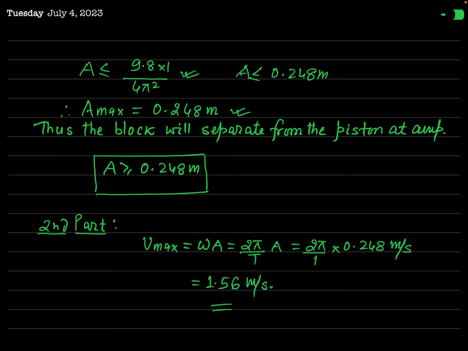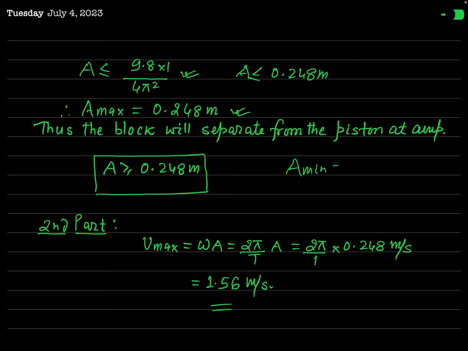But think, if the amplitude of oscillation increases and becomes larger than this value, then what will happen? Then the block will get separated. So the minimum value of amplitude for which the block will separate from the piston will be equal to 0.248 meter.